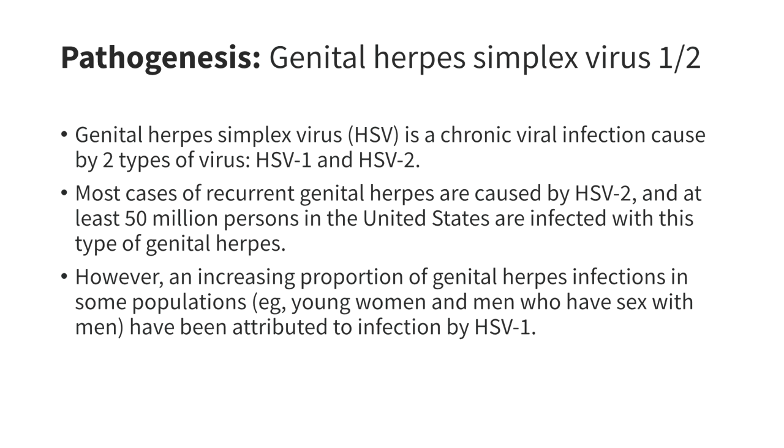Pathogenesis: basically, this is genital herpes simplex. The etiology is HSV type 1 and type 2. Most recurrent cases are caused by HSV type 2. About 50 million people in the United States are infected by genital herpes.